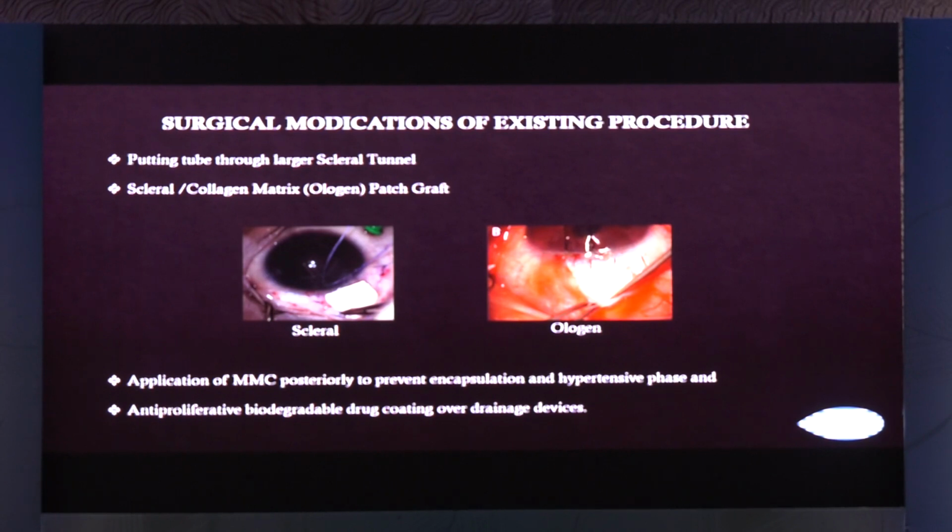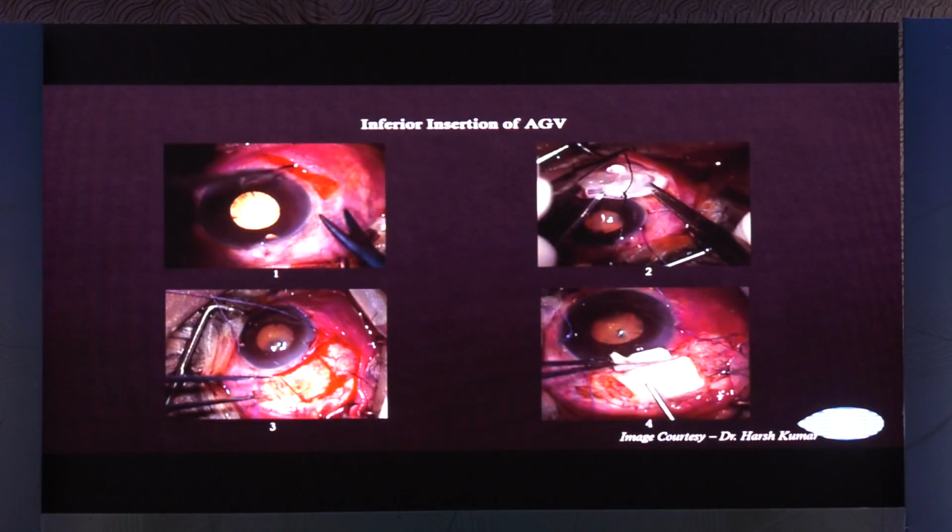Even the amniotic membrane or pericardium can be used. And many people have started using mitomycin in the posterior part where the valve body is present. And anti-proliferative biodegradable drugs have also been used for increasing the flow rate.